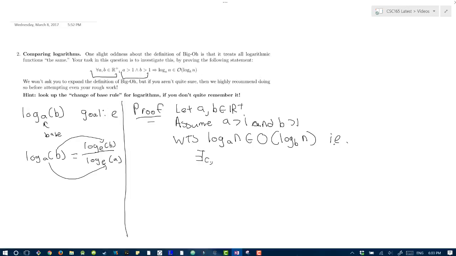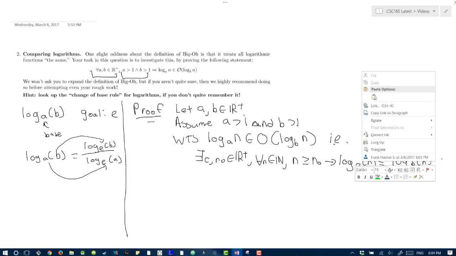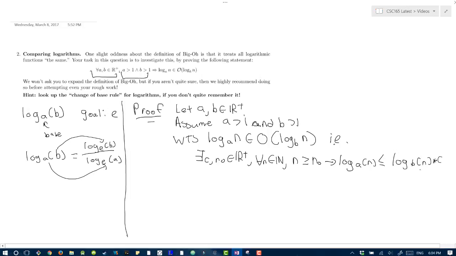So there exists a C and an n naught within the positive real numbers, such that for any natural number n, if n is larger than or equal to n naught, then log A of n is smaller than or equal to log B of n multiplied by some constant C. Okay, so that's what we need to prove. That's what we want to show.